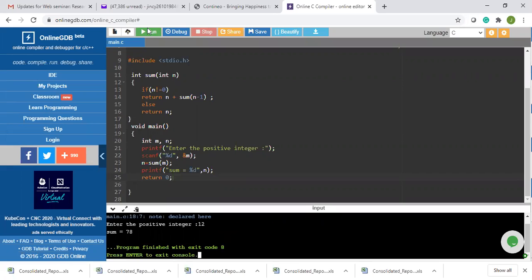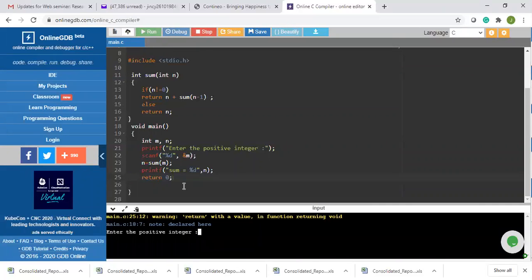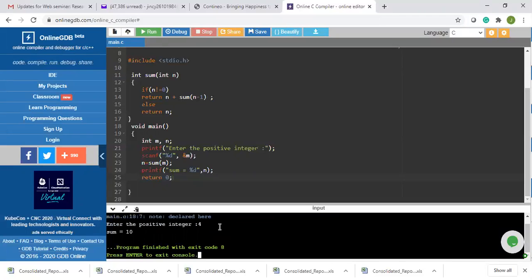Let's take a small number. The type thing is a warning, so it is fine. 2 plus 1. Okay, so that means that 2, that is 2 numbers. 1 plus 2 is equal to 3. Let's run again. We'll take it as 4. It is 10. That is 1 plus 2 plus 3 plus 4 is 10.